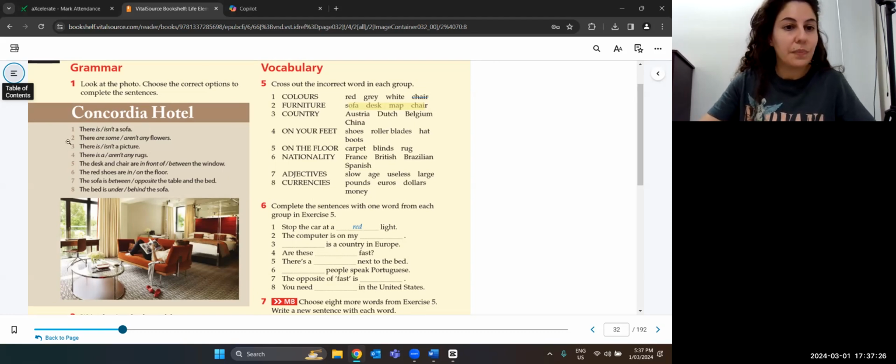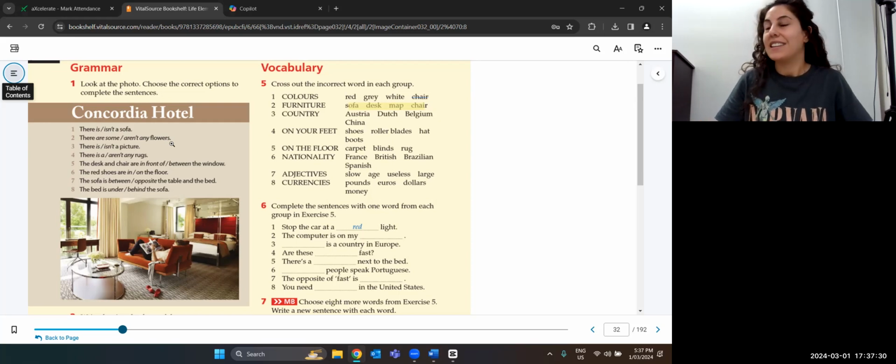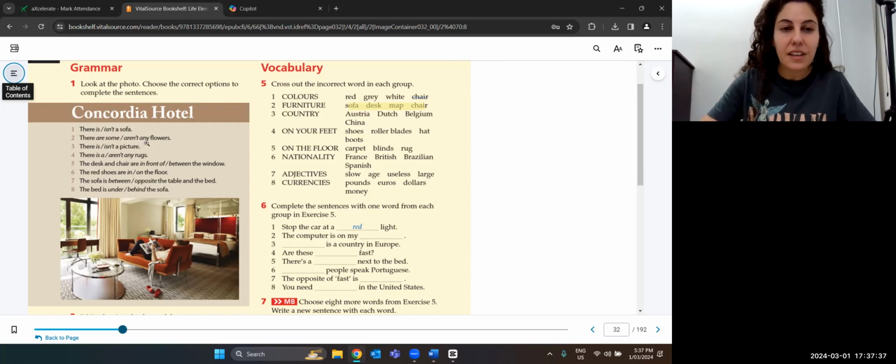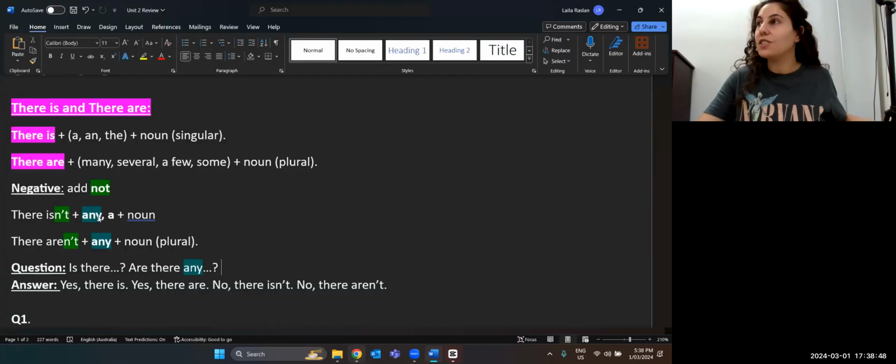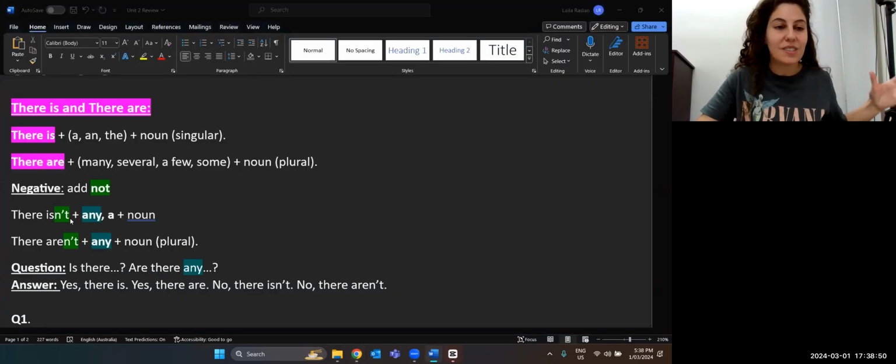For number two, I'm looking at the noun and I can see flowers. So would I say there are some or there aren't? Now, just be careful. There's the word any. And if you remember, there's two ways when we use any. We use it with a noun in a negative.